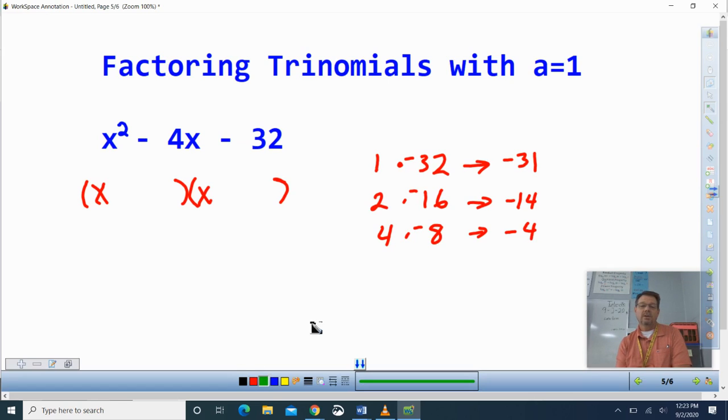Hey, there's the partnership I was looking for, because that multiplies to give me -32, but adds to give me -4. So that's what I'm looking for right there. +4 and -8.